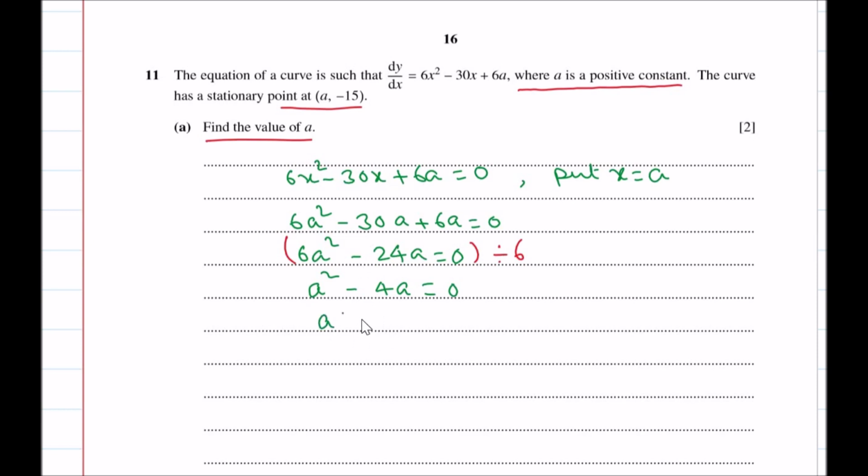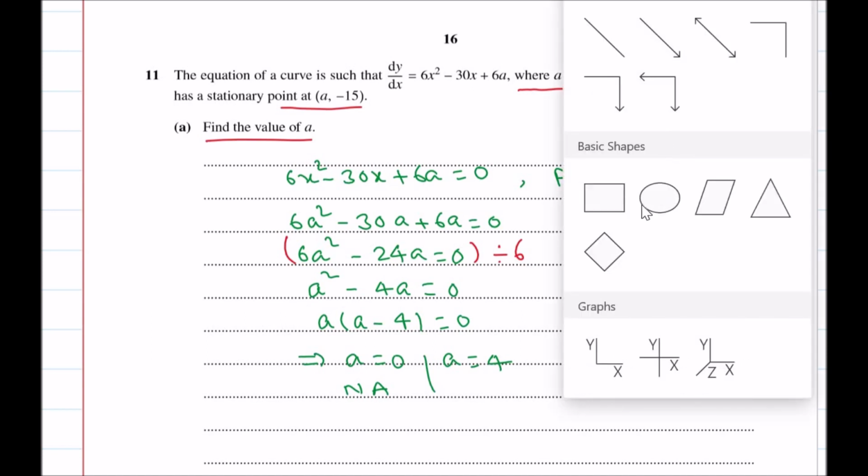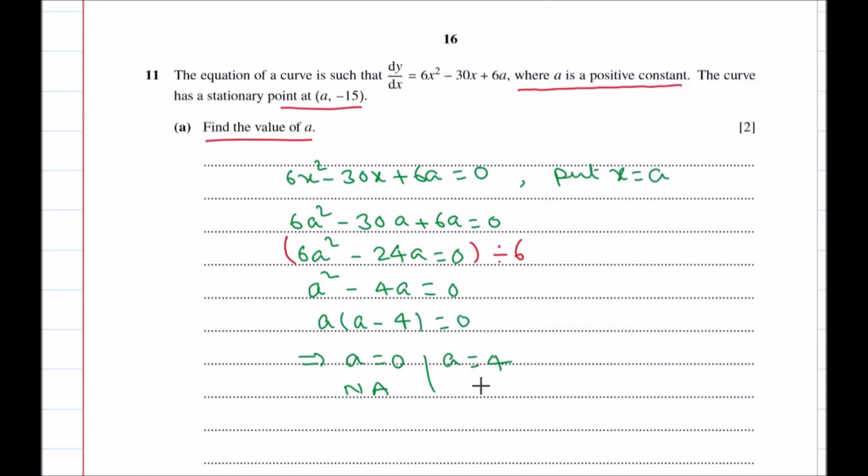So a times a minus 4 equal to 0, and this gives us a equal to 0 or a equal to 4. Now 0 is not acceptable. Why? As it says a is a positive constant, so that must be greater than 0. So the answer will be only 4. I hope it makes sense to you. Only 4. a equal to 4.